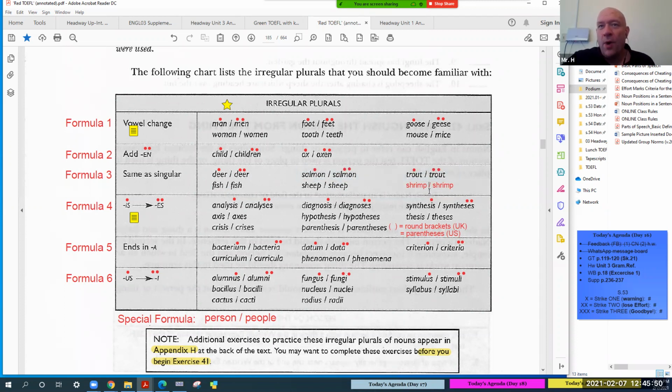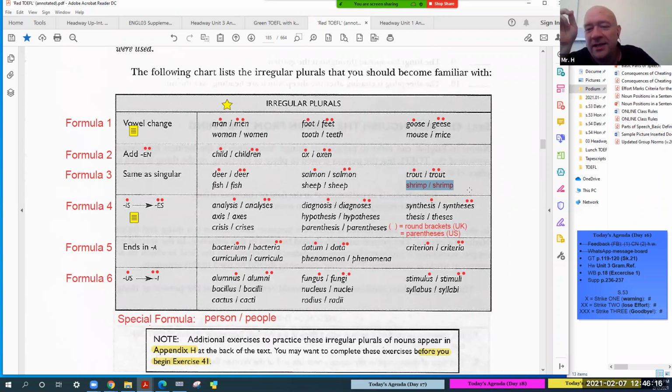Now, I want you to look here, guys. What does that say, Ali Al-Husseini? Shrimp, shrimp. This is different in the UK.